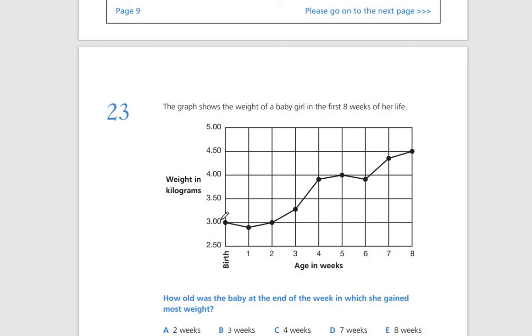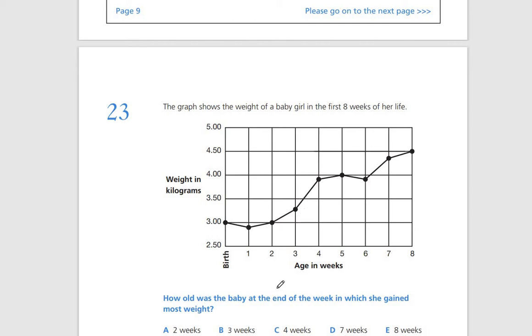23. The graph shows the weight of a baby girl in the first 8 weeks of her life. How old was the baby at the end of the week in which she gained the most weight? Here it's impossible. How could she start at 3 kilograms and then go down? Impossible. She can't lose weight. She's a literal baby.